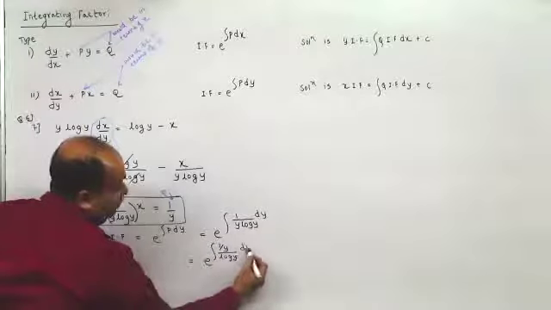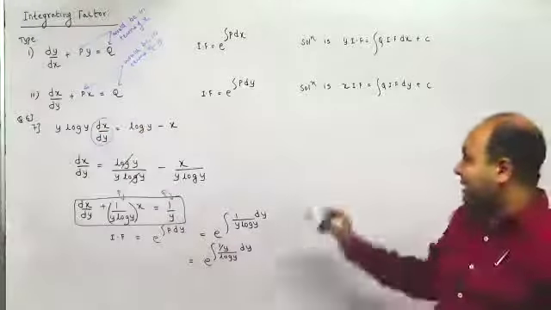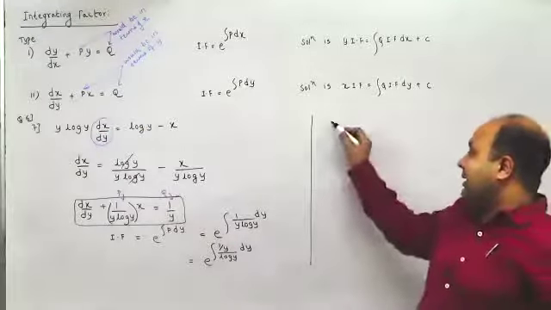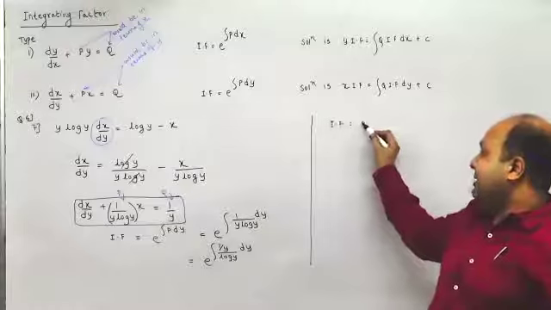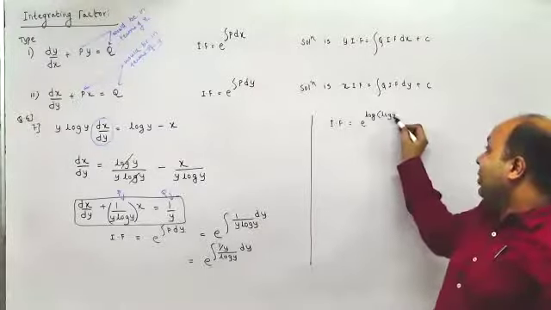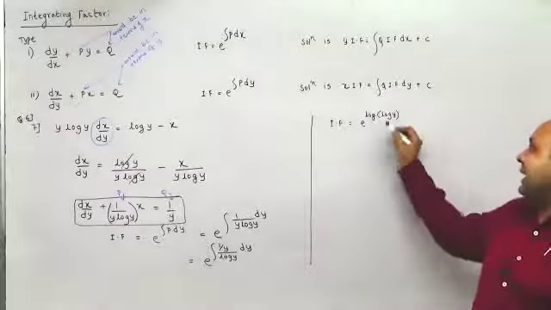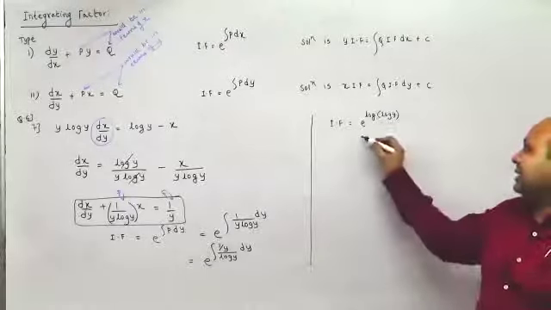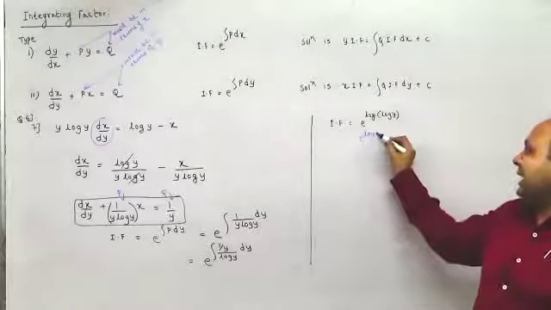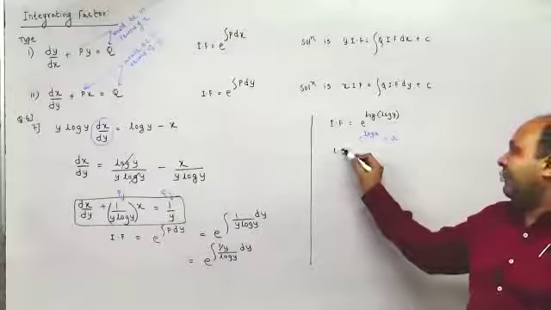Now the derivative of the denominator is the numerator. So I'll get here that the integration factor is e raised to log of log y. Now remember, e raised to log x is x. So e raised to log a is a. Therefore, the integration factor is log y.